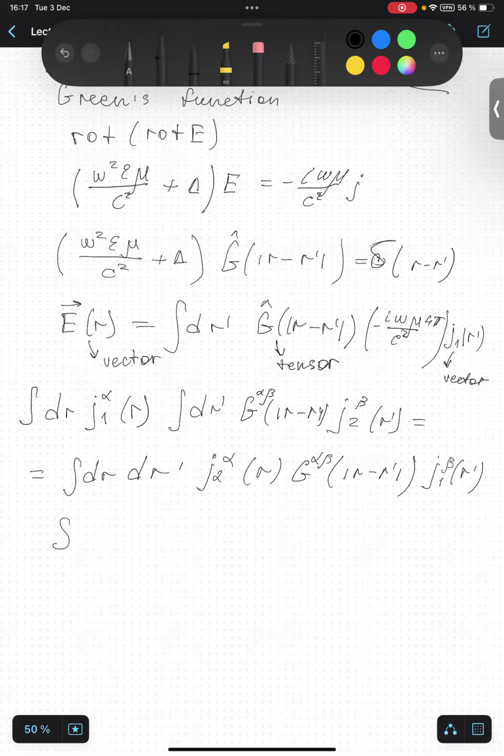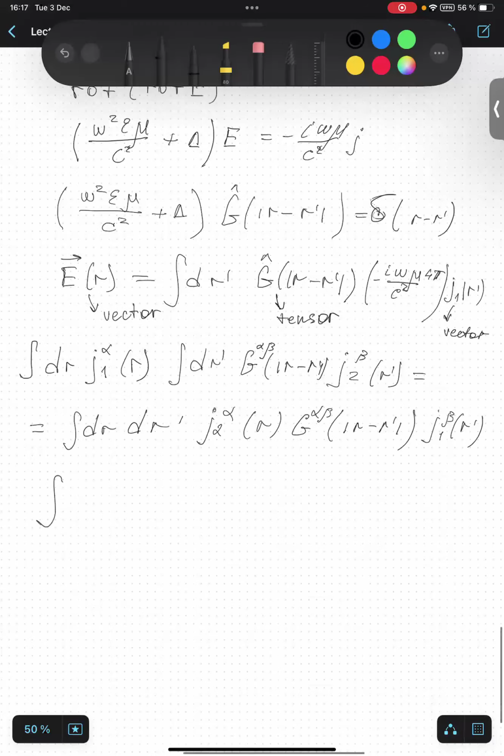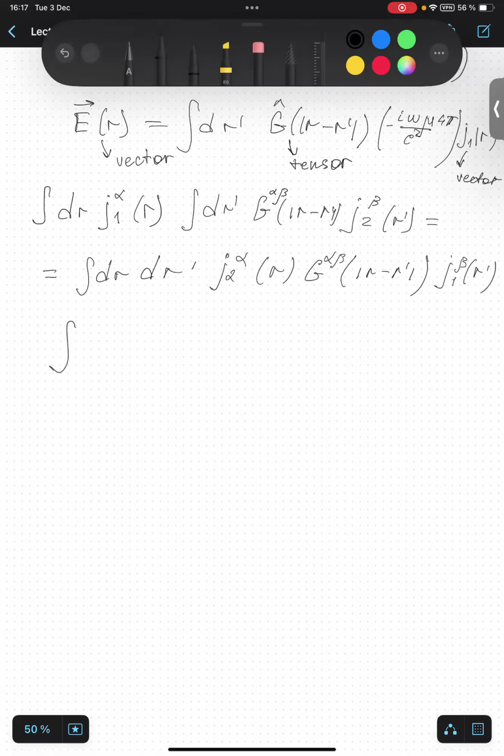Integral dr prime, our Green's function, I will put it like alpha beta, I will not write r and r prime, J1 alpha J2 beta equal to the integral dr prime, also Green's function alpha beta, and J2 alpha J1 beta.